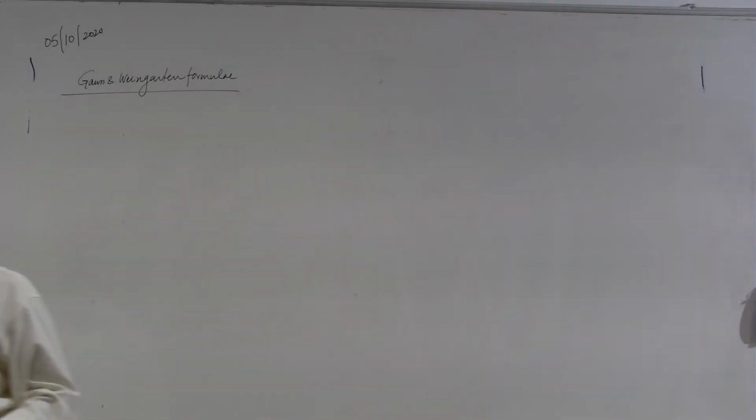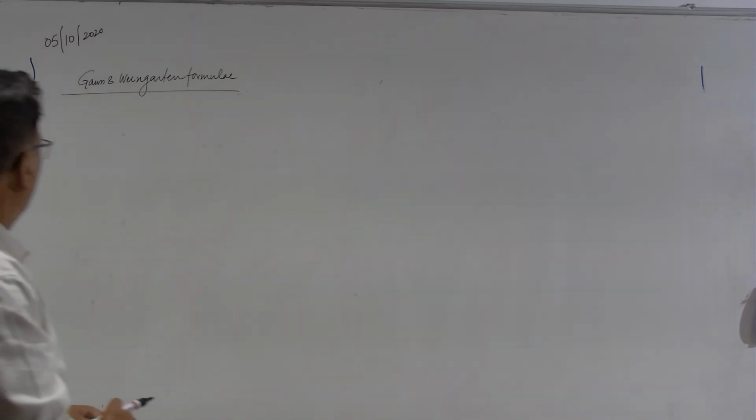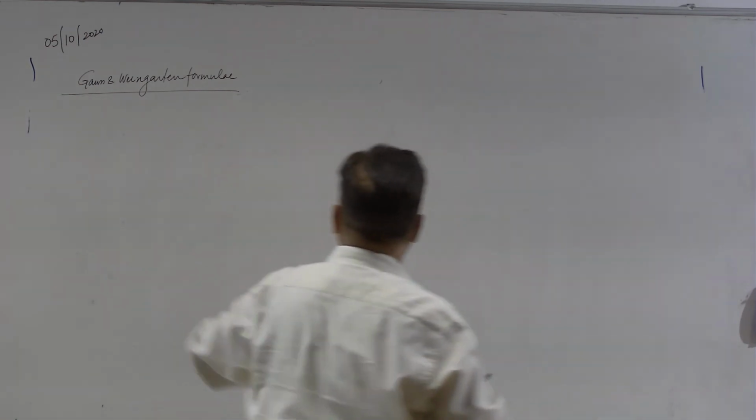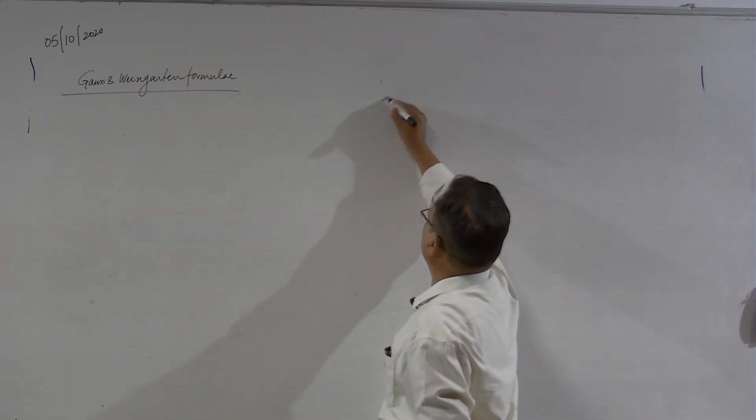Please check if anything is left before the Gauss and Weingarten formulae. Do you have something? Some exercises can be noted down at this point, some exercises before coming to the Gauss formula.